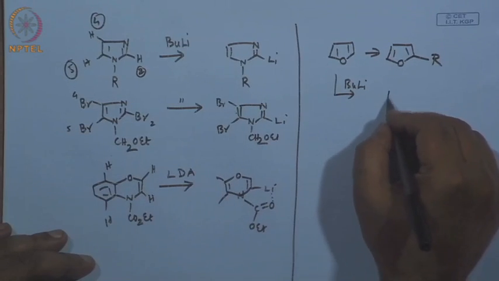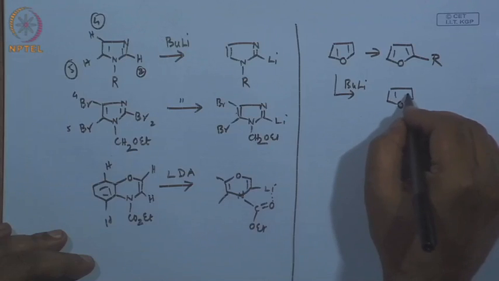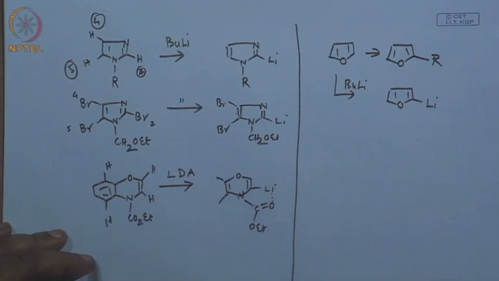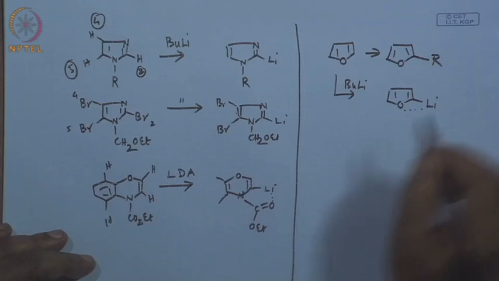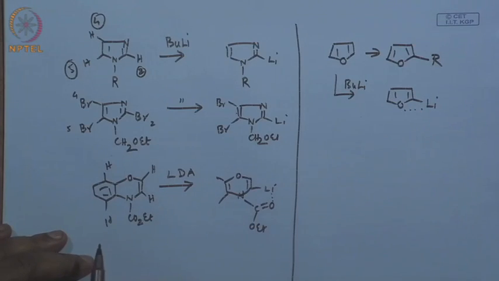Actually what you will find, the lithiation takes place here at the 2 position. Once again, because of the oxygen, that hydrogen is highly acidic, and one can extrapolate the chelation a little bit, maybe this oxygen lone pair can assist the chelation, that is a possibility. What next?